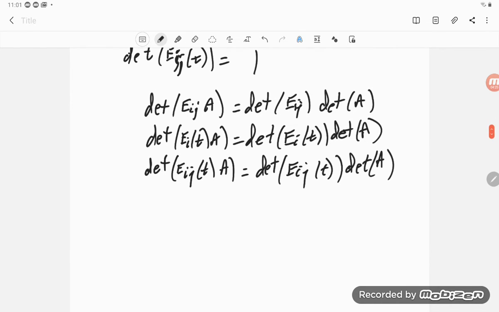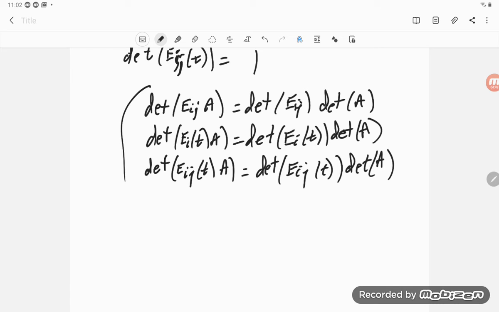Now, remember that we can write matrices as the product of these row operations. Definitely non-singular matrices we can write as products of these row operations.